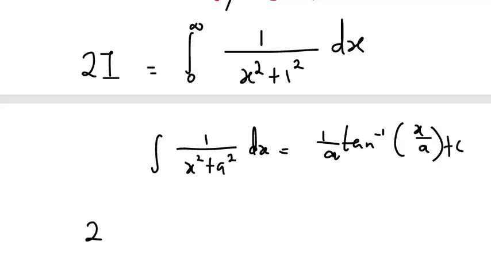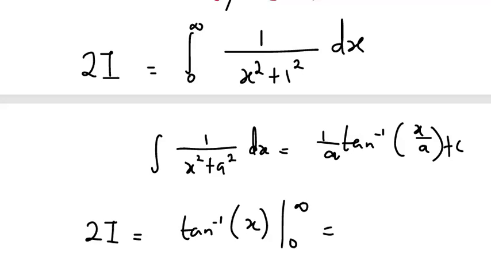So using that, we get 2I will be equal to 1 over 1, which is 1, times the inverse tangent of x over 1, which is the same as x, from 0 to infinity. And putting in the limits, we get the inverse tangent of infinity minus the inverse tangent of 0.